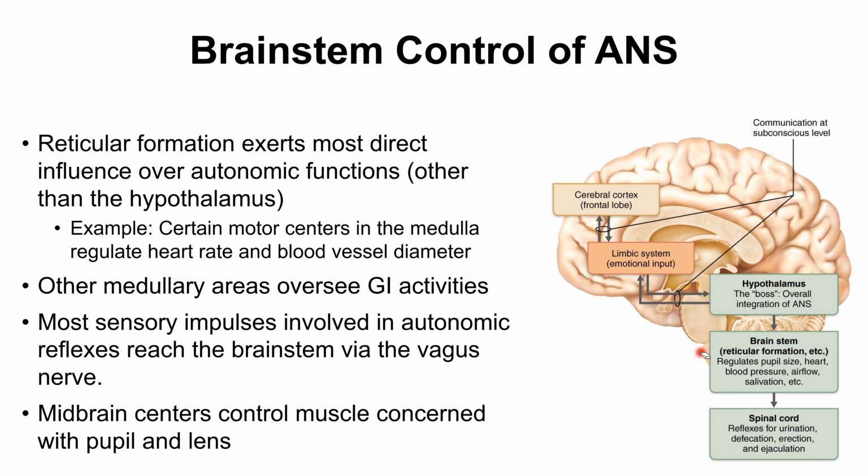Most sensory impulses that are involved in any sort of autonomic reflexes reach the brainstem via the vagus nerve, which, if you guys remember, is cranial nerve 10. And then in terms of the midbrain centers, the midbrain of the brainstem is going to control muscle that is concerned with the pupil and the lens.